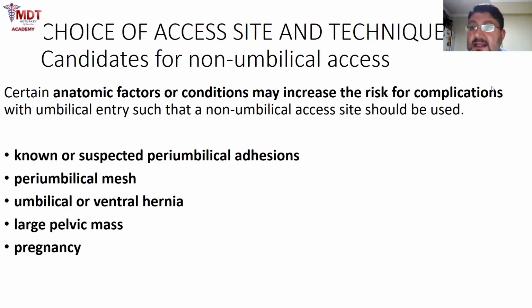The candidates for non-umbilical access sites have some anatomic factors or conditions that may increase the risk for complications, and these are known or suspected periumbilical adhesions, or any periumbilical mesh, or any hernia at the umbilicus or ventral abdominal wall, as we told before, large pelvic mass, and pregnancy.